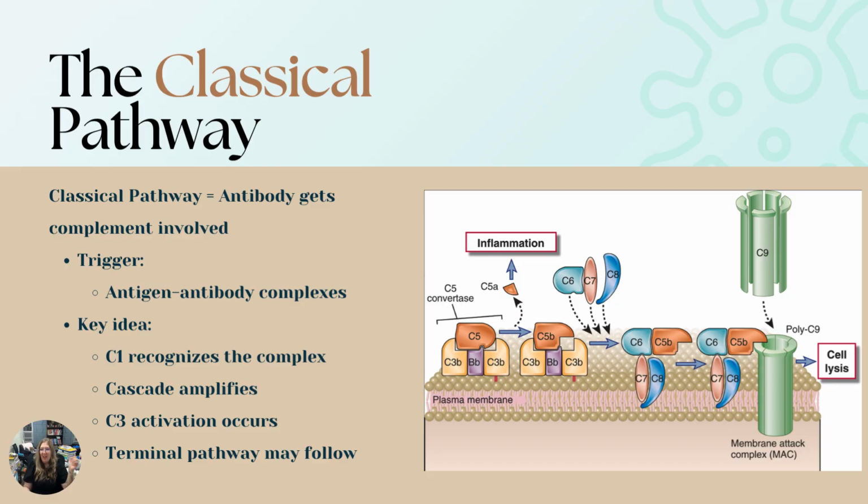C3, and we can proceed towards the terminal complement pathway. But again, don't worry about memorizing every intermediate component right now. At this moment, we'll start with classical is antigen antibody associated activation.